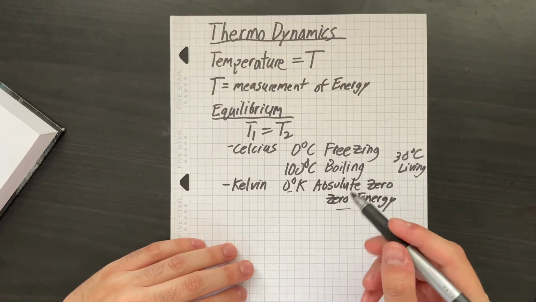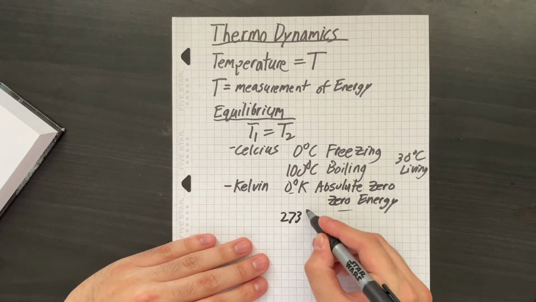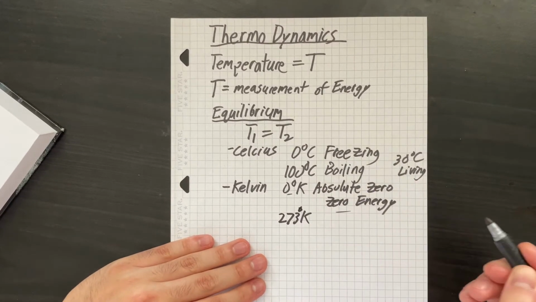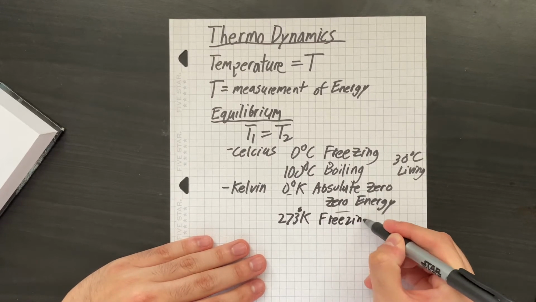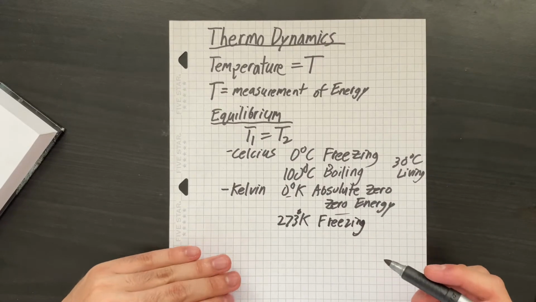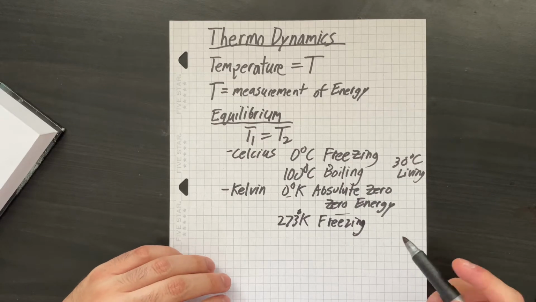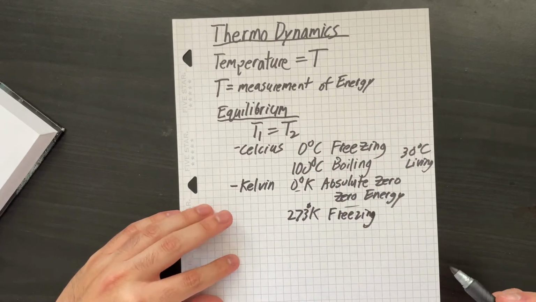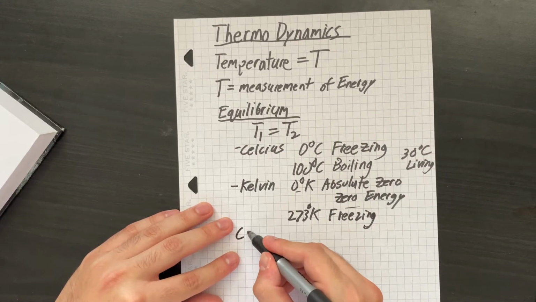Now, the next point is going to be 273 Kelvin, which is a lot, right? Degrees Kelvin. That is our new freezing point. And by freezing, I mean freezing of water into ice. So 273 Kelvin is freezing. And so now I'm just going to write the simple equation.